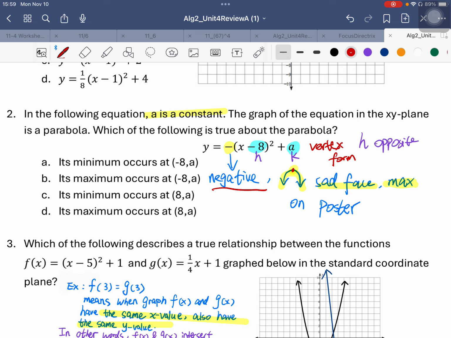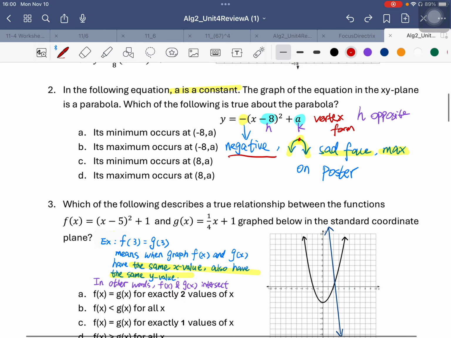You may write it down on your cheat sheet: negative a, sad face, max. I know it's a maximum, so cross out A and C. And h is the opposite when we write it in vertex form. When you go outside of the house, it becomes the opposite. K stays the same. So pick the correct answer.